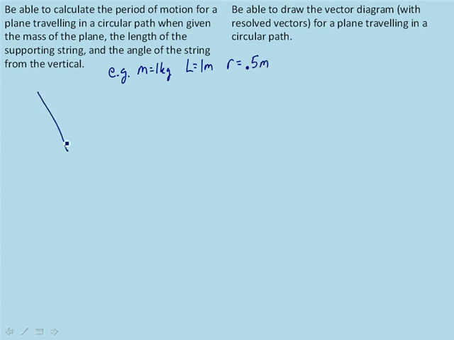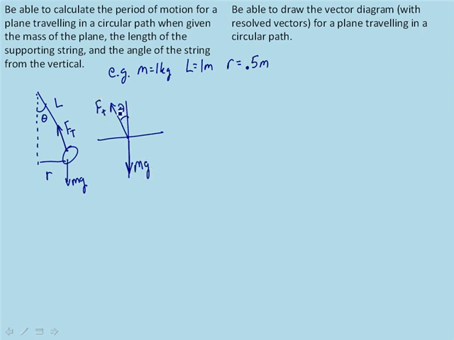And so here's my string. Here's my plane. This is L. This is theta. We'll call this R. And my forces, I have the force tension acting on the string, and then I have mg. I want to draw my vector diagrams, my force tension, and mg.